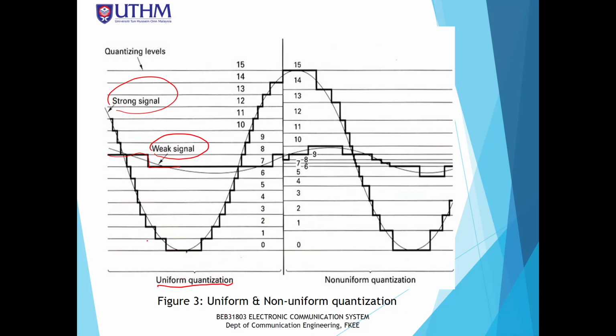So if we have fewer levels for the quantization, that means the accuracy would be lower, and that produces a higher value of noise, especially for the weak signal.